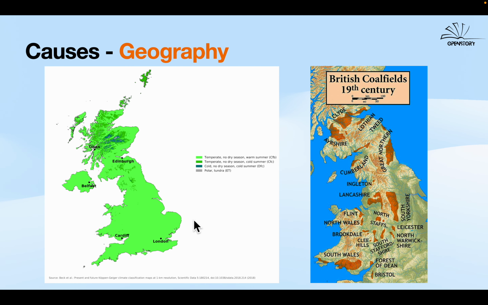Being offshore meant Britain sat out a lot of continental wars, more political stability, fewer interruptions to trade. Geology jackpot. Mega coal seams close to rivers, ports, markets, and skilled labor. Cheap fuel, fast shipping. Momentum achieved.